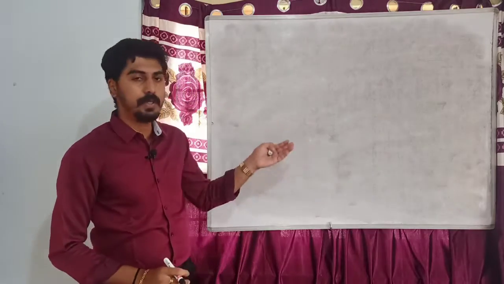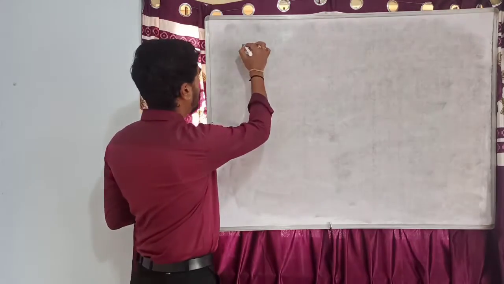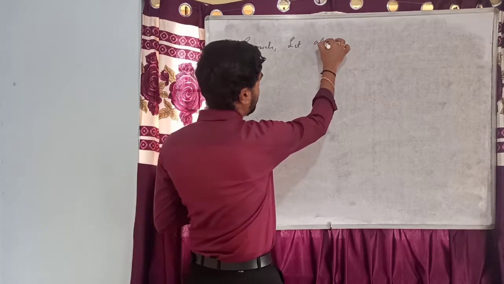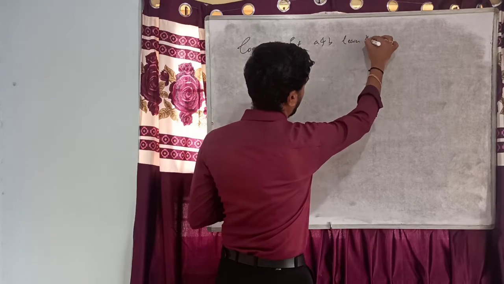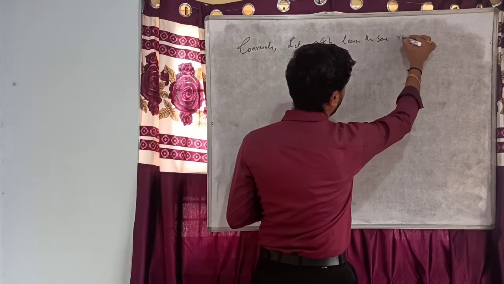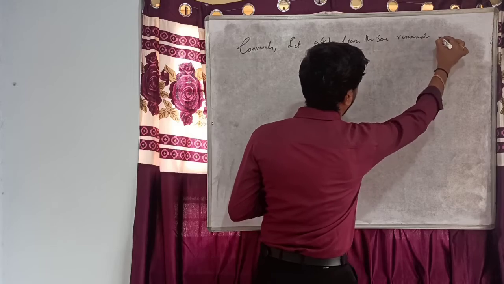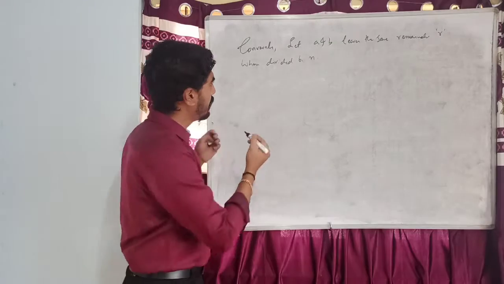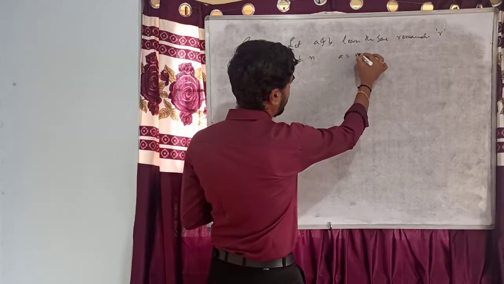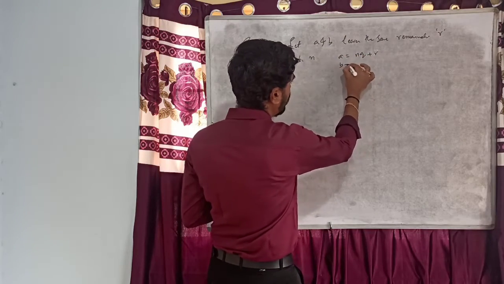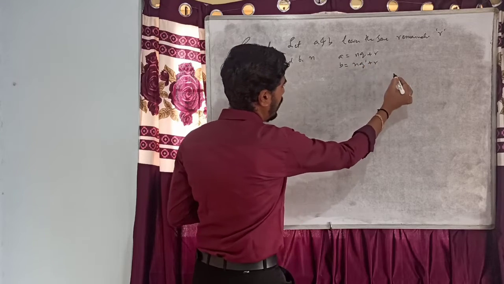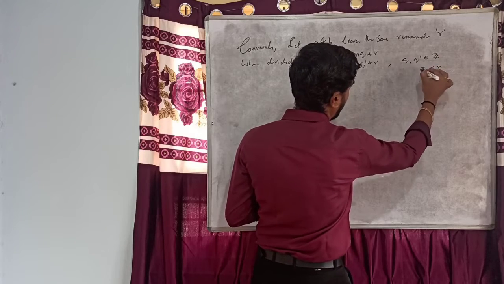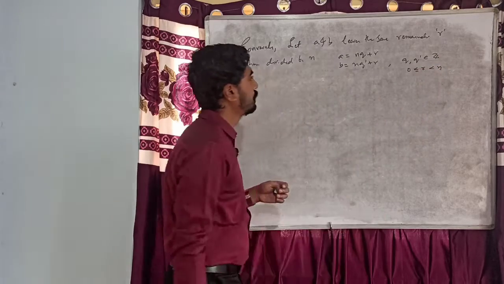Conversely, let A and B leave the same remainder R when divided by N. So by the division algorithm, A should be equal to some NQ plus R and B should be equal to some NQ dash plus R, where Q and Q dash are integers and R is less than N and greater than or equal to 0.